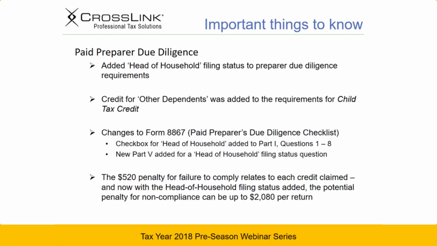If the IRS does begin doing auditing and they find that you're out of compliance, they're going to look for every instance on every single return. And certainly that can add up very quickly. So the IRS is taking due diligence very seriously, and we just want to pass that reminder along to you folks. It's not a one-time $520 penalty that you might be paying, but rather they'll look at every instance on every single return if they do an audit.